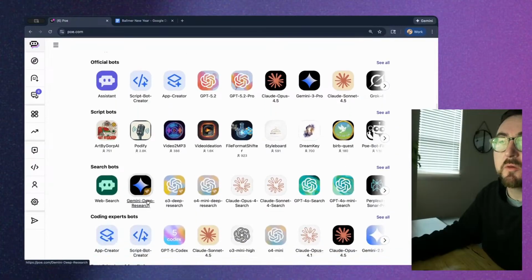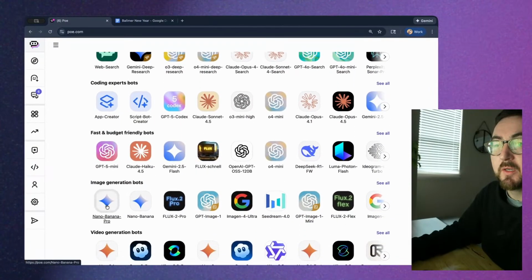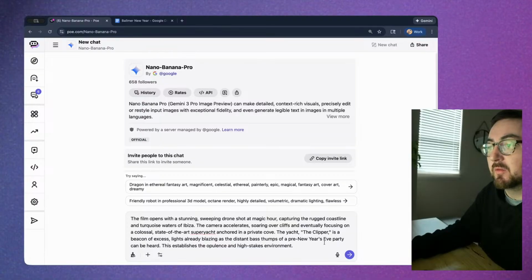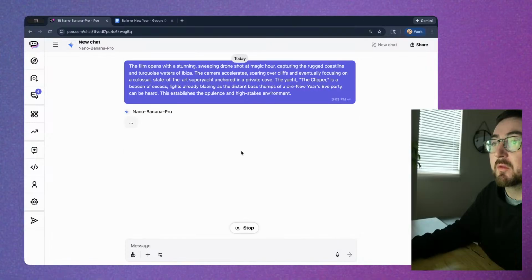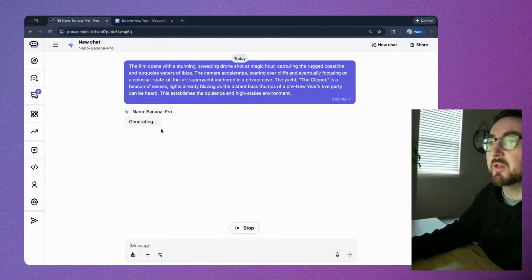So I'm going to take this and use the wonderful new model Nano Banana Pro, and it'll hopefully generate a good image for us of this boat.